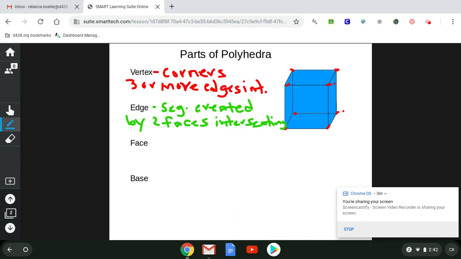Sorry, I'm running out of room. Okay, so all of these edge pieces here, those are all edges. And maybe you want to label it edge. Again, if I go too fast or you need time to draw that diagram, you can pause the video.